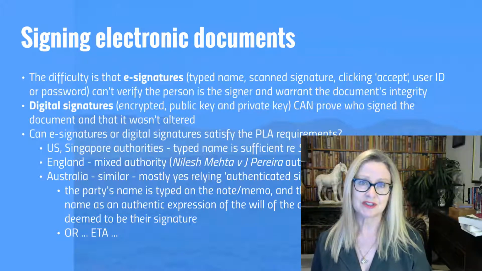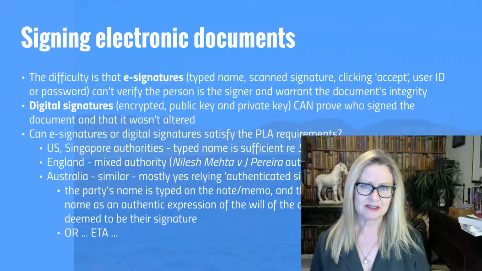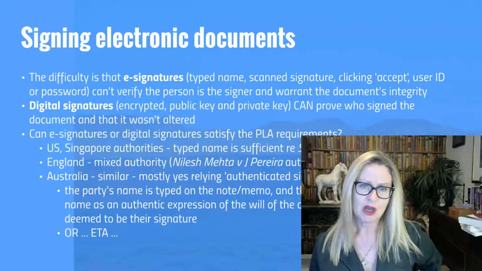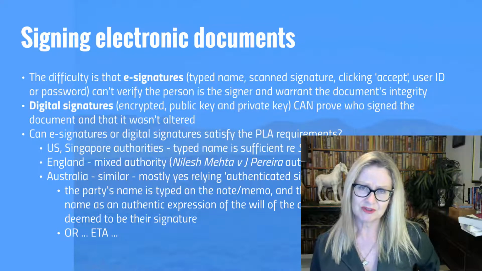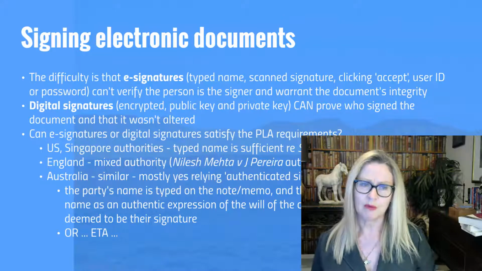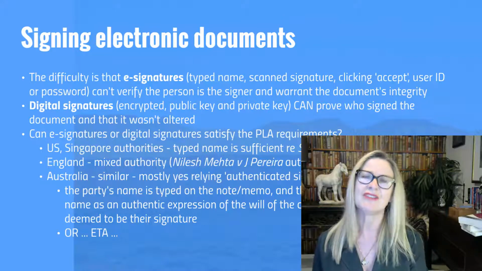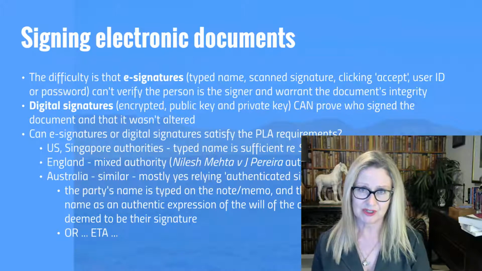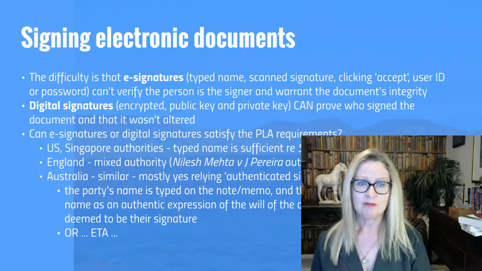So the digital signatures are much more secure with encrypting technology and different keys that have to be set up. The digital signature is a far more reliable form of signature, but you don't have to go to that level of security for it to suffice for the purposes of the PLA.